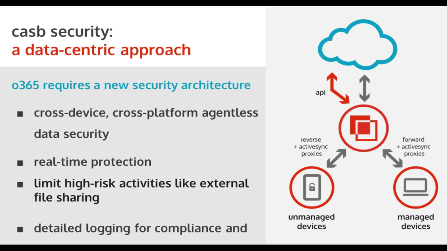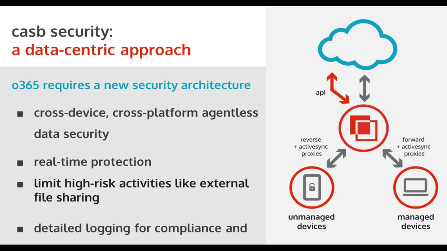So in that case, a CASB sits between the client and Office 365. Every request is first scanned by the CASB for any DLP, for any authentication information, etc., and then sent to the cloud, and vice versa.